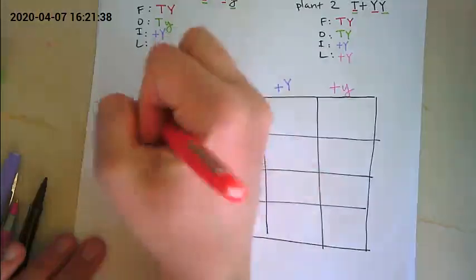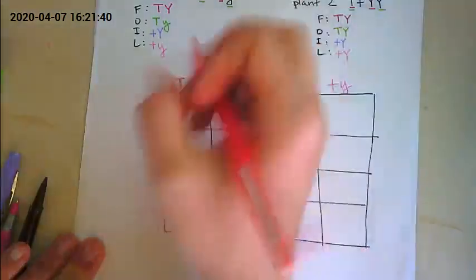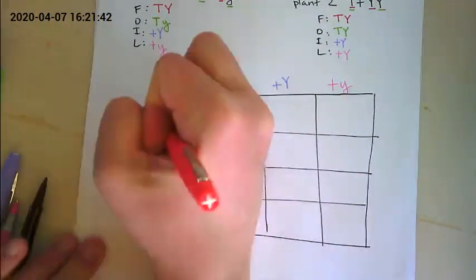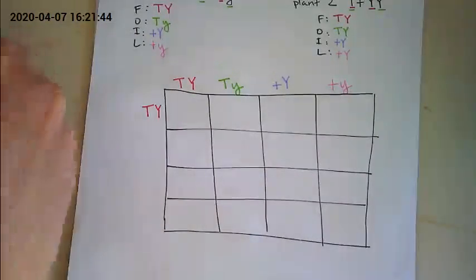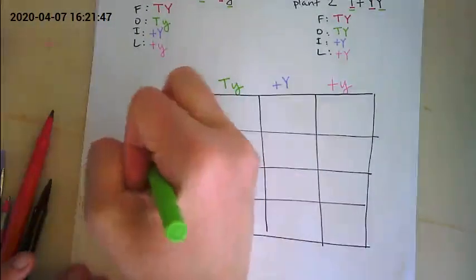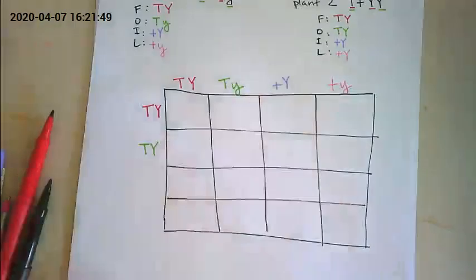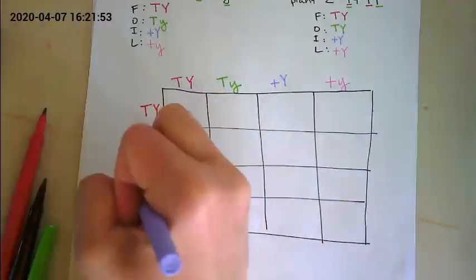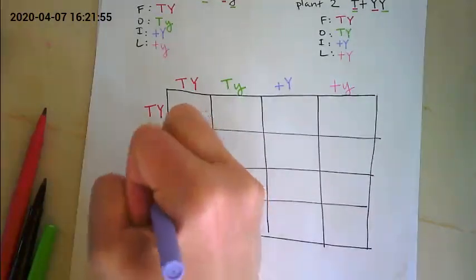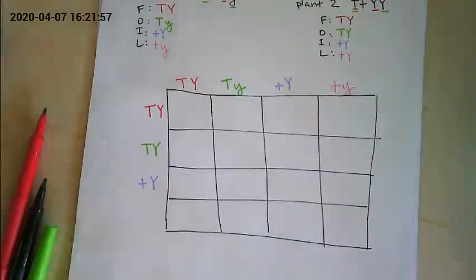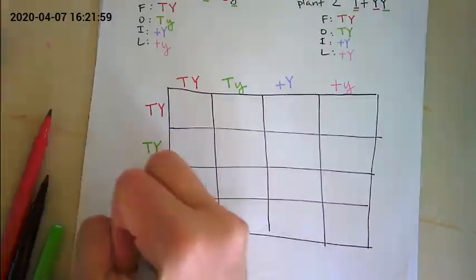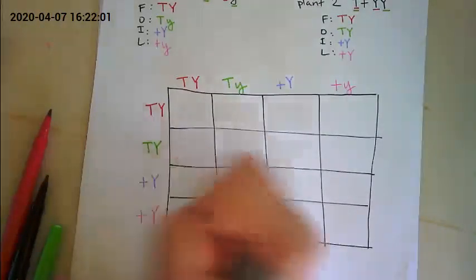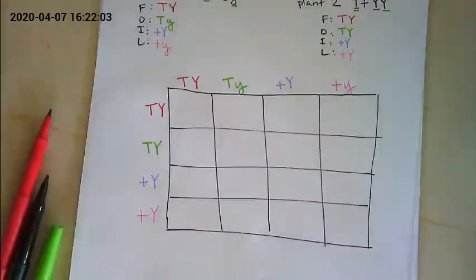And then on this side, we've got plant 2. We're going to do big T, big Y. Big T, big Y. Little t, big Y. And little t, big Y. Okay. So now we're going to put these together.